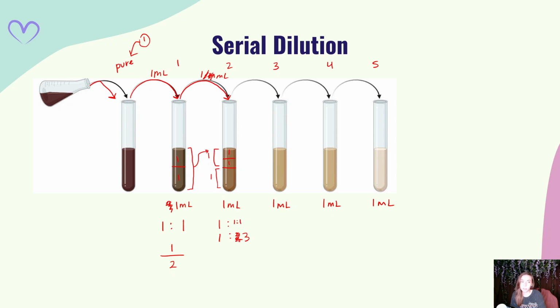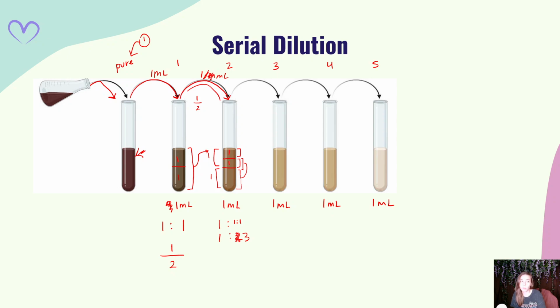But remember how parts are equal to volume, right? So this volume and this volume of this bit right here is not equal to the whole volume of what we've added to, right? Because if we've taken 1 milliliter out and our 1 milliliter is a 1-to-2 dilution, that means that of that 1 milliliter that we're transferring, half of it is sample and half of it is diluent.